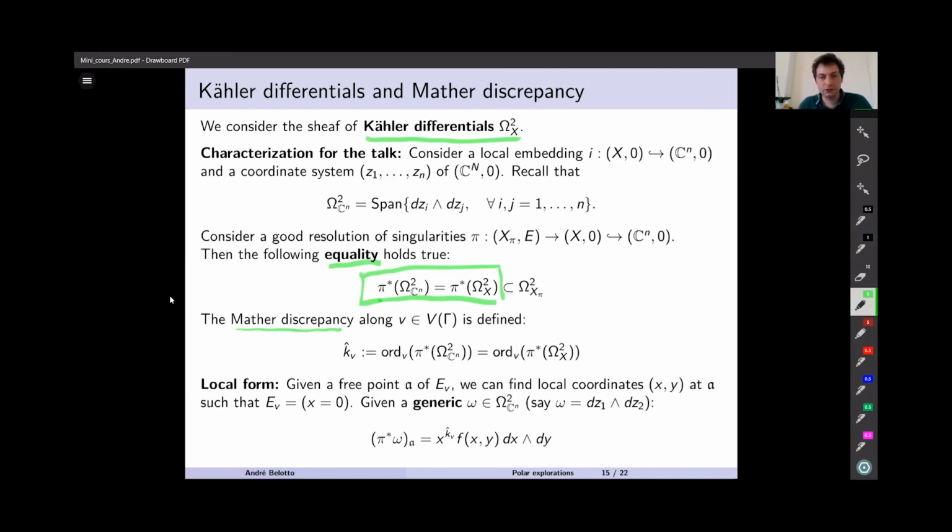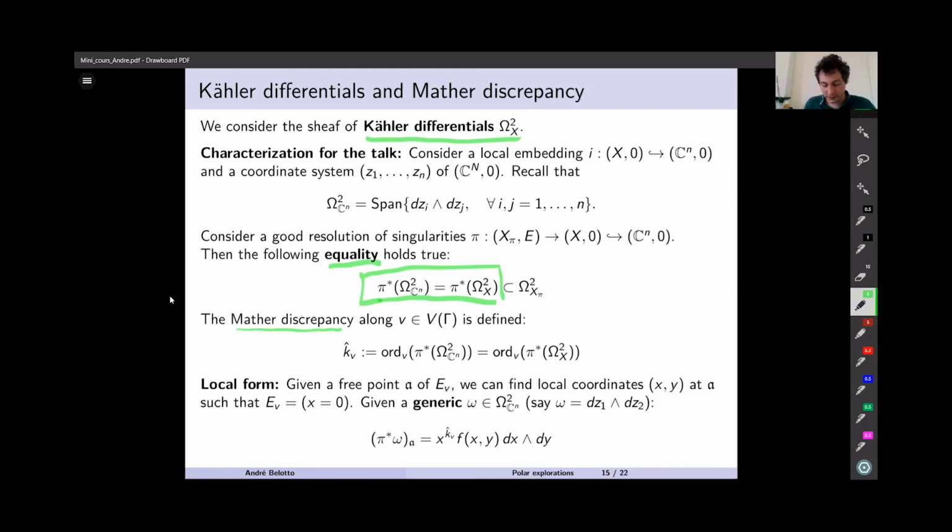So in order to make this concrete and to see why this is what we want, let's use the same local form that Lorenzo did in his talk. We take some point A in EV, just as before in our example, and the coordinate systems just as before, with EV equal to x equals 0.